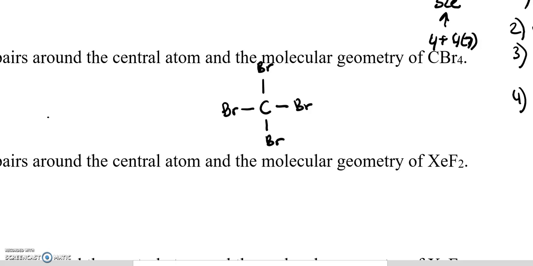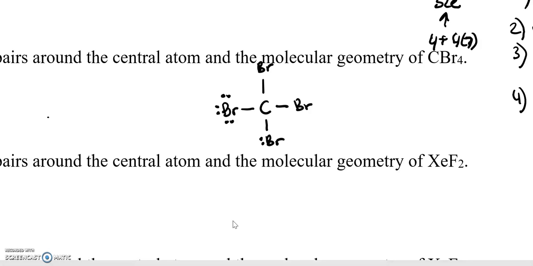Now I'm going to make octets for the outermost atoms, which are the bromines. So I'm going to do 1, 2, 3, 4, 5, 6. So this is octet. I have 3 lone pairs of electrons, and then I have a pair of bonding electrons, so it makes 8 in total.